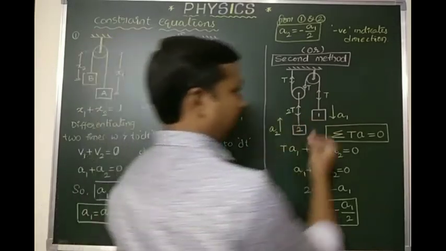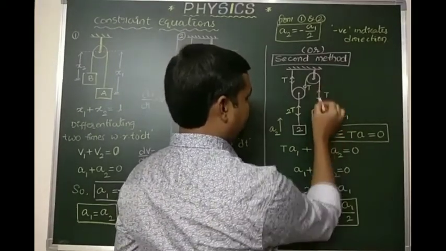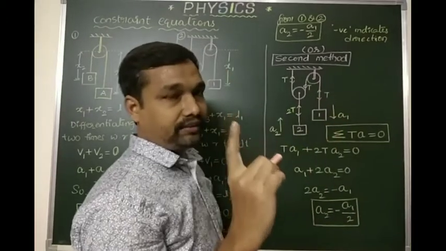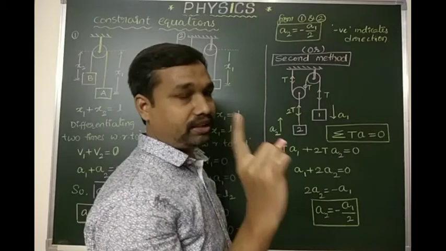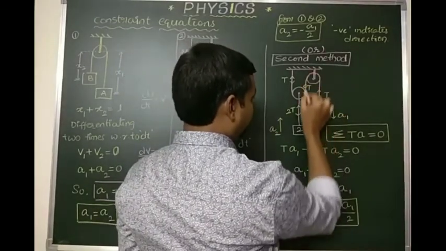Right now, if you consider this block, it pulls in the downward direction, so the tension produced in the string is T. If the string is massless, the tension remains constant anywhere in that one string.